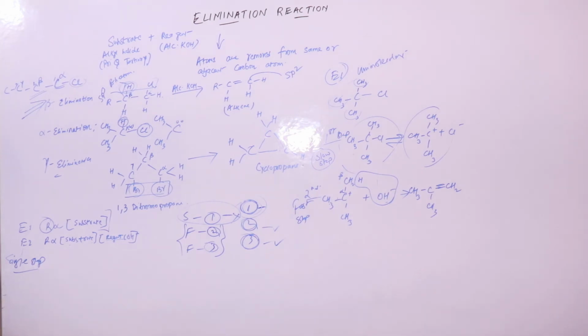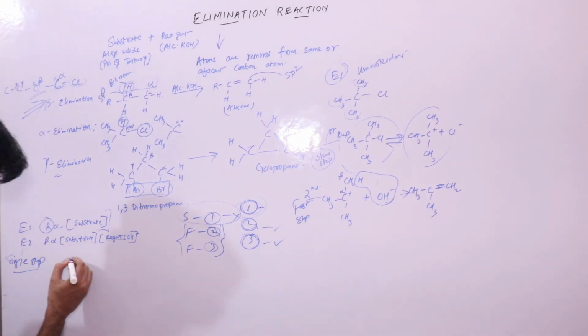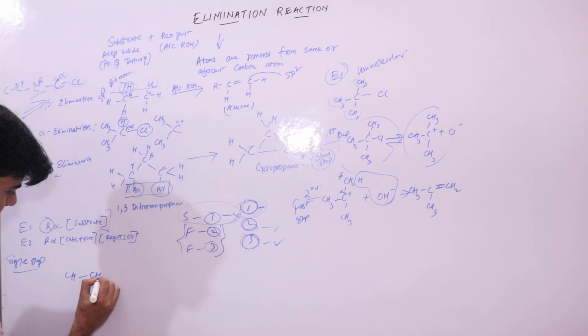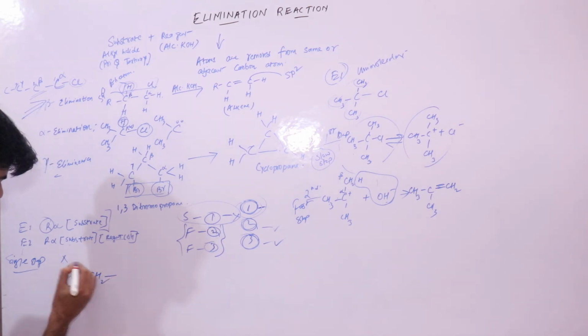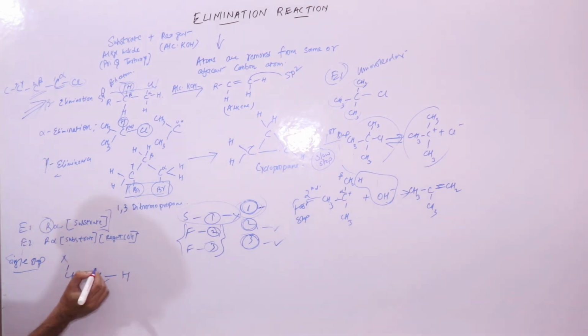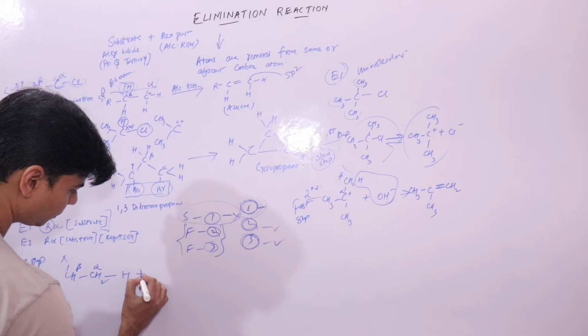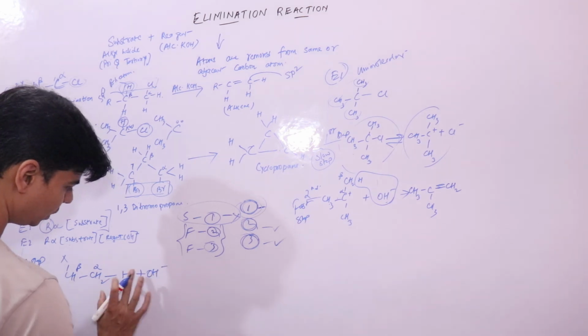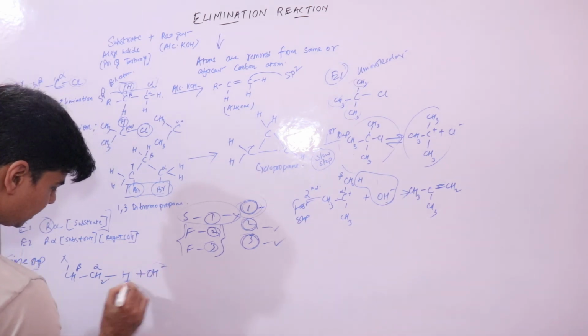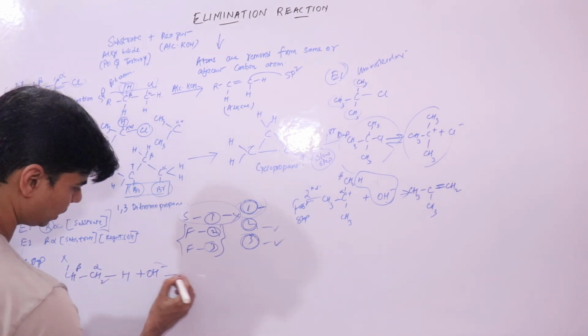In this single step reaction, suppose you have this as your alpha and this as your beta. So this would be a beta elimination reaction. In this single step, both your reagent and your alkyl halide take part.